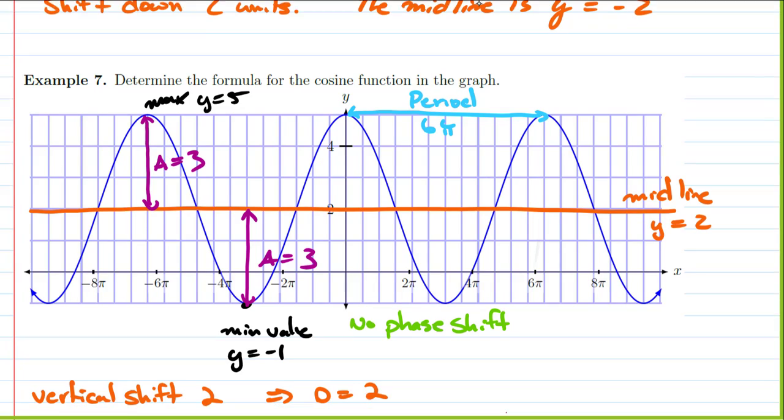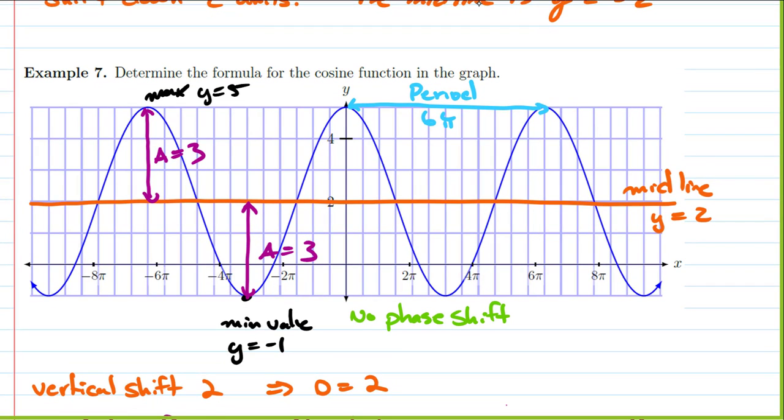So just as a recap, the way we broke that down, the first thing we did was find the midline by using the max and the min values and going halfway in between them. That allowed us to identify the amplitude of our wave. Once we had our amplitude, we then looked for where it started repeating. That gave us our period. Once we had the period, I didn't explicitly mention it, the midline tells us what the vertical shifting is.